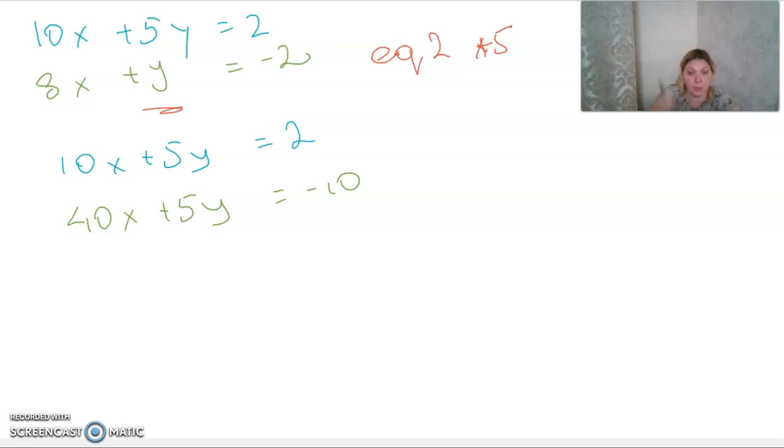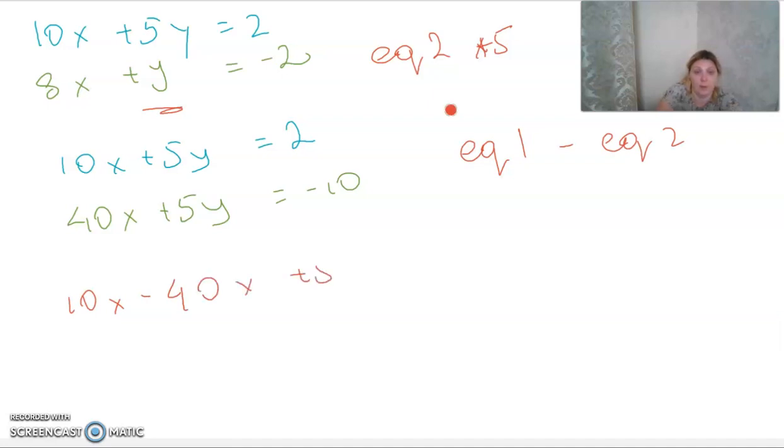Once again I am subtracting. I'm going to subtract equation 2 from equation 1. No big deal. So 10x minus 40x plus 5y minus 5y equals 2 minus 10.